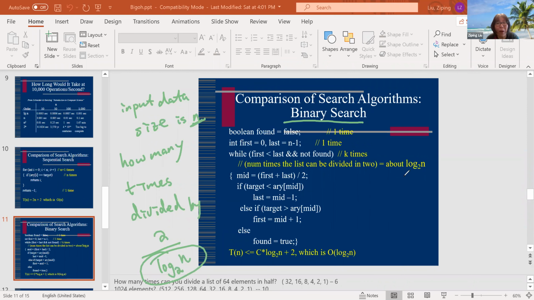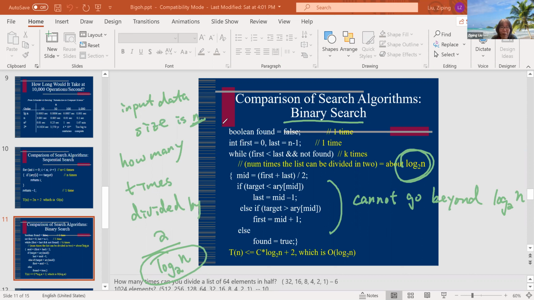That's how we come up with this number, log 2n. And all of this cannot go beyond log 2n. If you analyze this whole algorithm, this is constant. This is log 2, cannot go beyond.